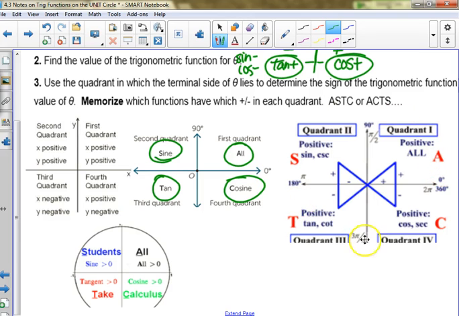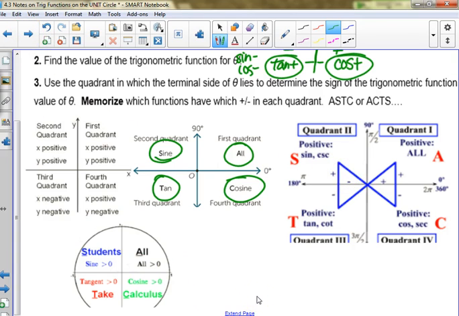So if you go around this way, All Students Take Calculus, or a sorry teacher choked, I don't know. I'm just making something up on the fly here. If you do ACTS, though, then you're going the opposite direction. So whatever helps you remember it.